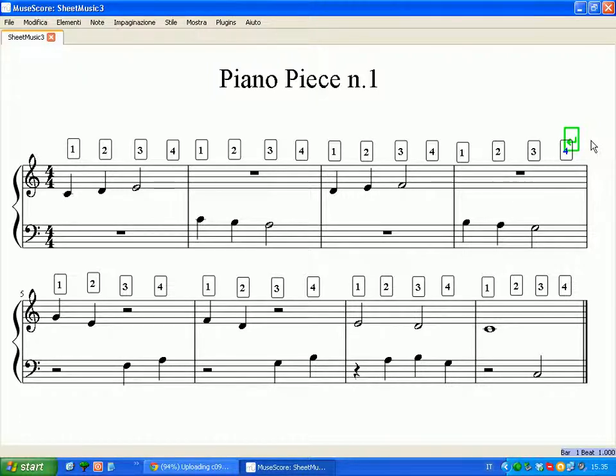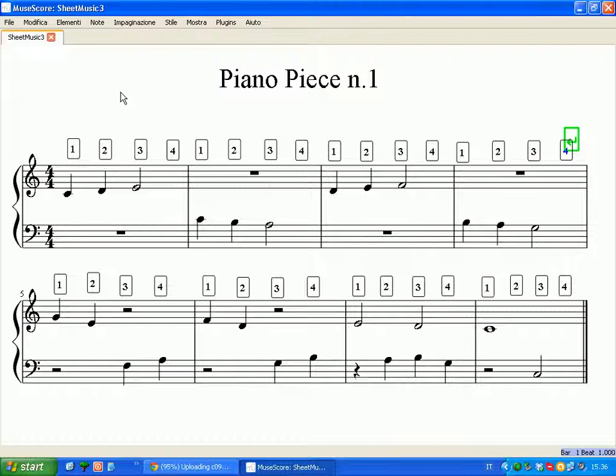Well, and then I'm going to sing, to emit the sound in correspondence of every note. So let's analyze, for example, the first bar, in which we have 1 quarter note, then another quarter note, and then a half note. So in the case of the first bar, we will have something like this: ta ta ta.